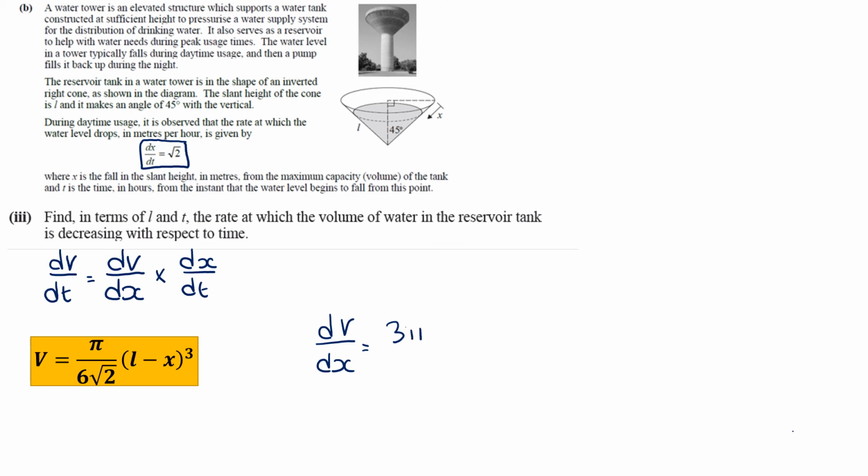So first thing I'm going to do is take my V and work out my dV/dx. So here is my V. So for dV/dx, I'm going to use the chain rule. So bring down the power and then take one away from the power and then multiply it by the derivative of the inner function.